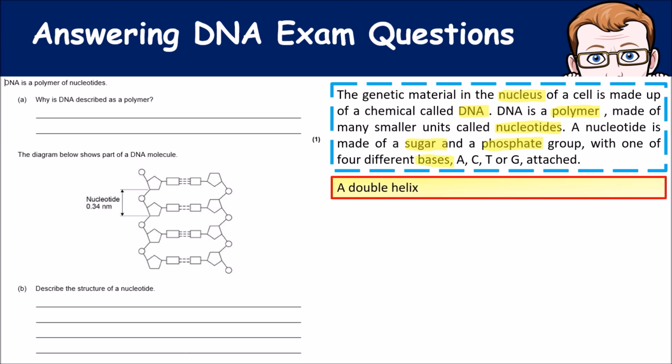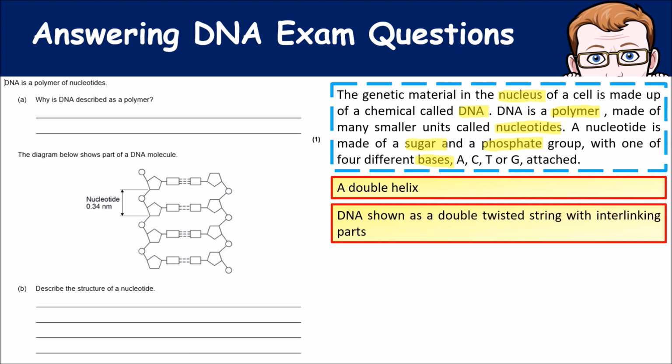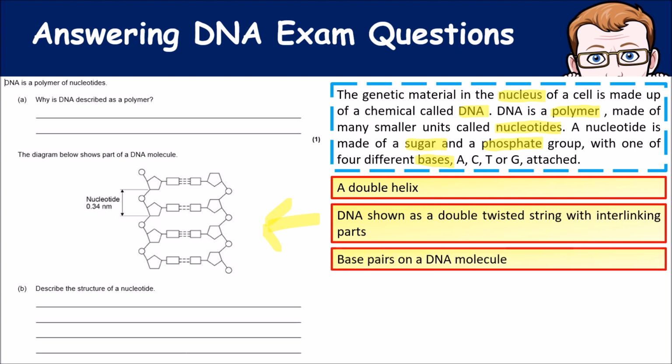Some other key things we need to remember about DNA. It is a double helix. DNA is always shown, like you can see on the diagram, as twisted interlinking parts, a double helix that twirls around on itself. The base pairs are on each side of the molecule.